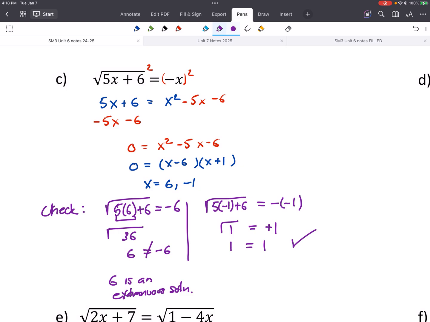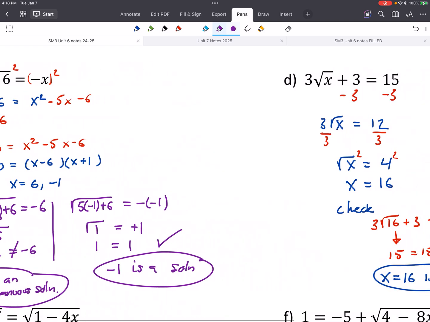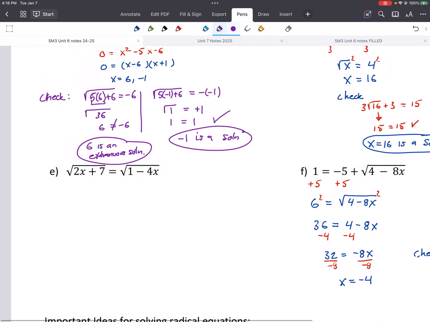So that checks out, and that means that negative 1 is a solution. So we have one extraneous solution and we have one actual solution. All right, okay, so if you want to look at D, great. F, great. You can have a look at those.